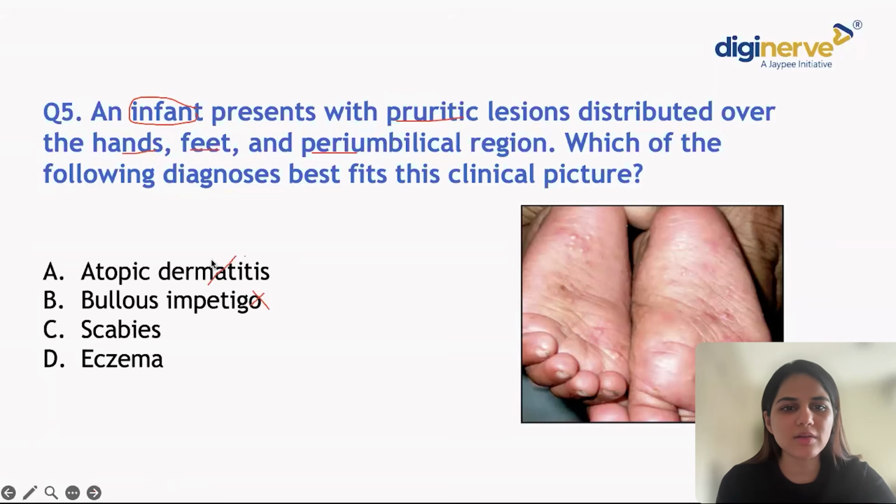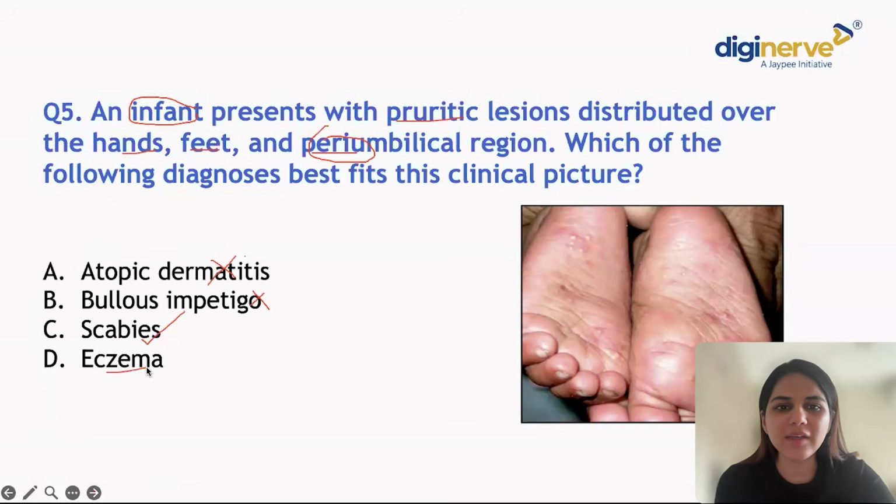Atopic dermatitis, they should have mentioned some sort of clue in flexures. Periumbilical region is also a main clue. Scabies here seems like the most likely option because periumbilical being one of the clues, and in infants, hands and feet are also involved.